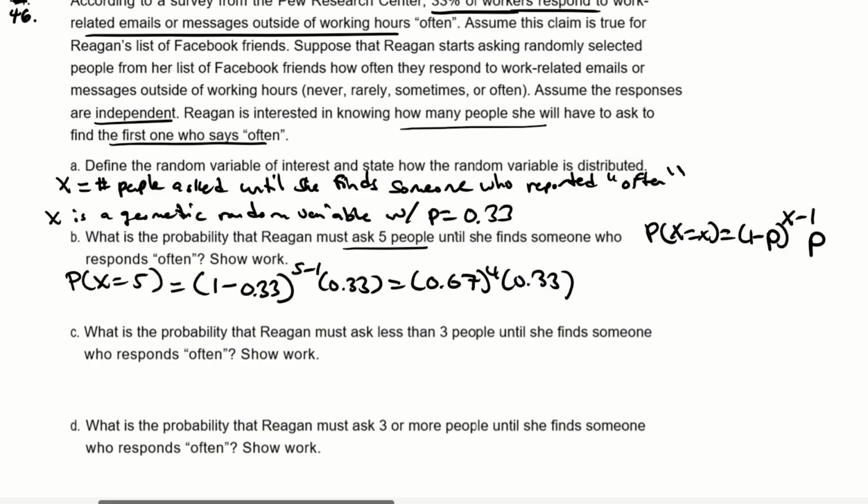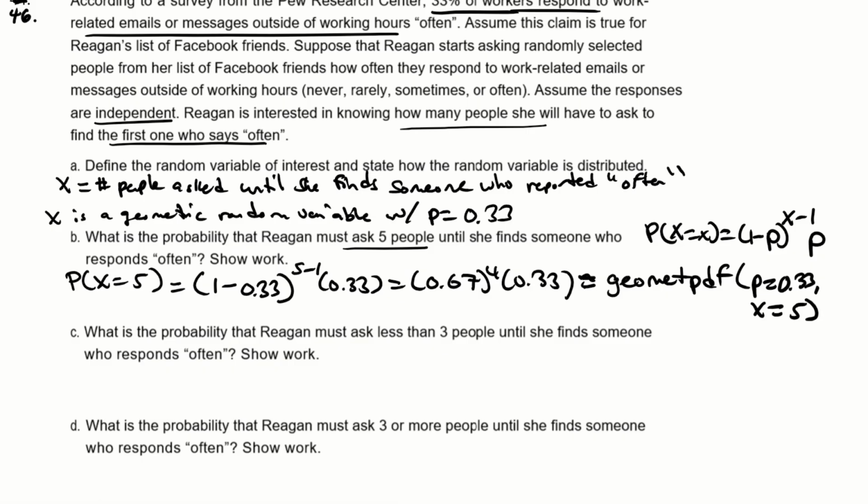And this is the same thing as the geometpdf function. I'll show you how to do that. You need the probability of success, so p is equal to 0.33, and then x is equal to 5. Okay, so you calculate that.